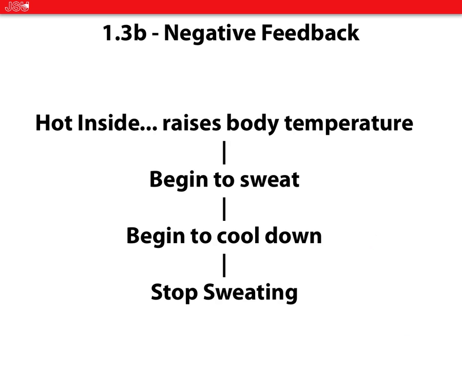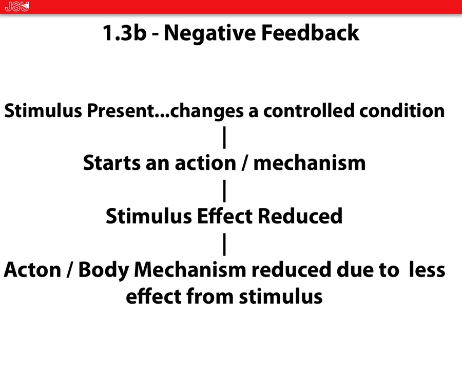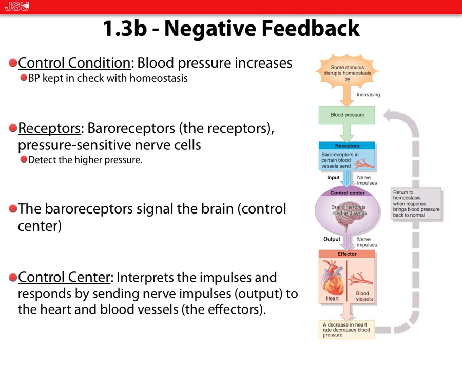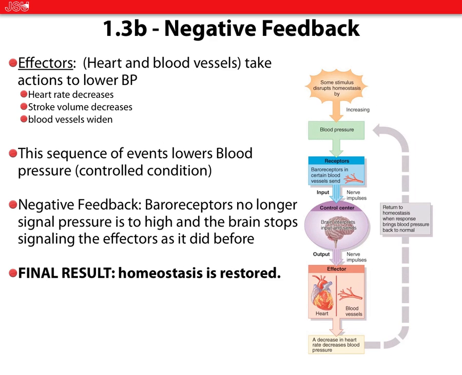You know, it's hot inside, I begin to sweat, I cool down, I stop sweating. Because what told me to start sweating was my body temperature, and since that's been regulated, I don't have to sweat as much. These are just examples, like the one I just gave.